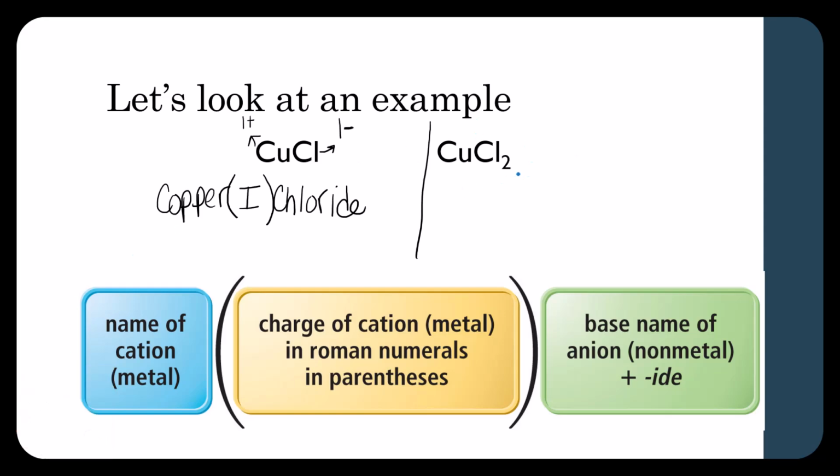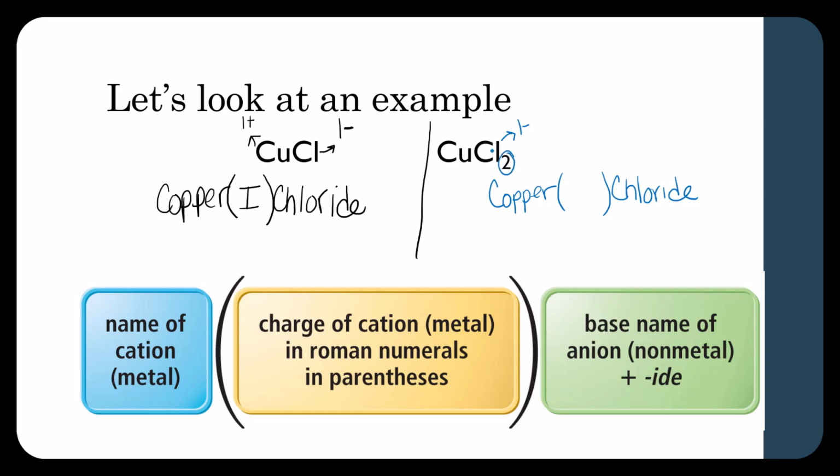Now let's look at this guy over here. We're going to do the same thing. Write the name of the metal, copper. Write the base name of the nonmetal plus IDE, so chloride. And now we need to decide what the charge is on this particular atom of copper. Again, we're going to use chlorine. Chlorine's very predictable. It's always a -1.